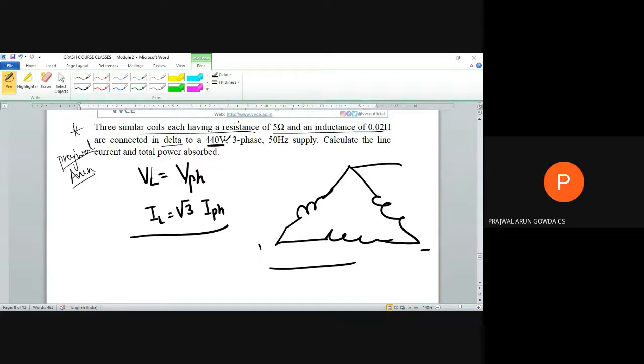Line voltage, sir. Very good. So VL would be equal to 440 volts. Got it? So in delta connection, VL would be equal to VPH, that would be equal to 440 volts.